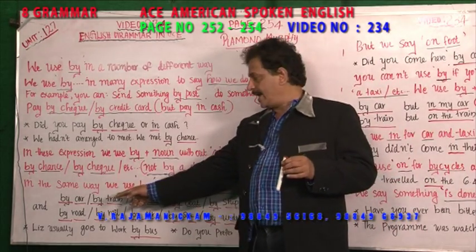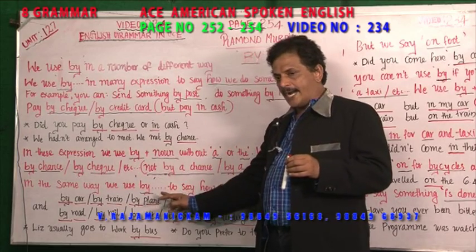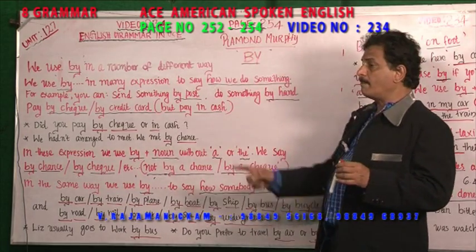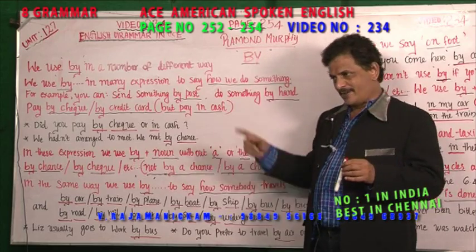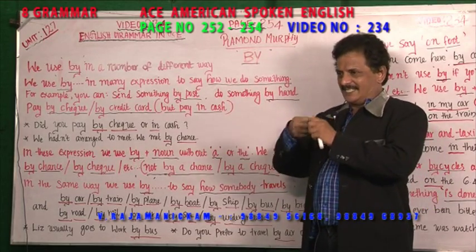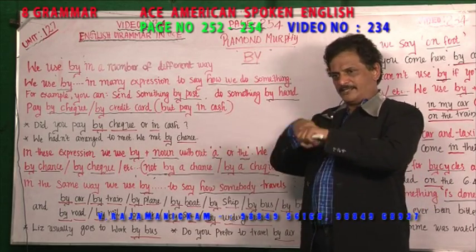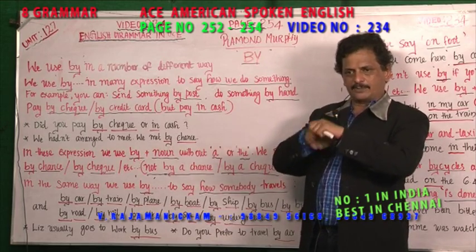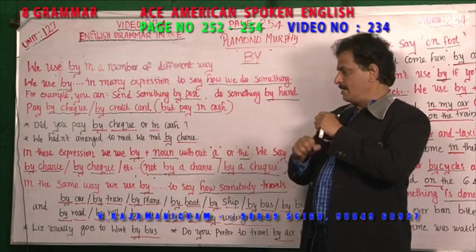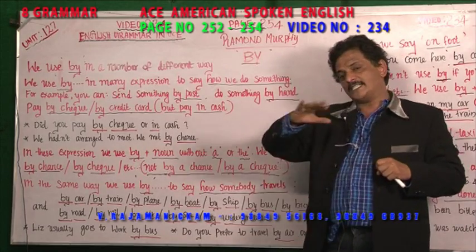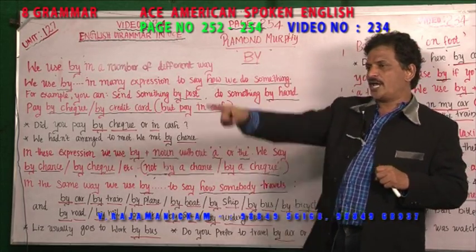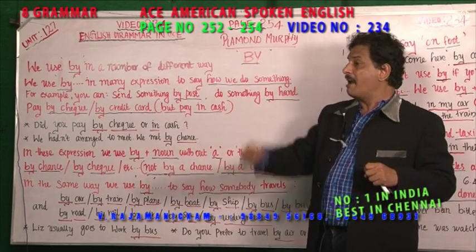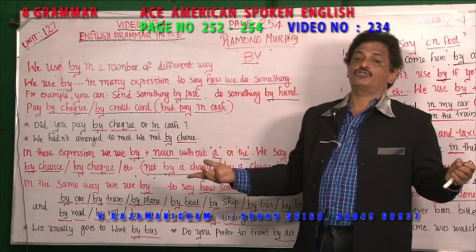In the same way, we use "by" to say how somebody travels. By hand, by cash, by check, by chance; here, how somebody travels. She came from Mangalore to Chennai by train.